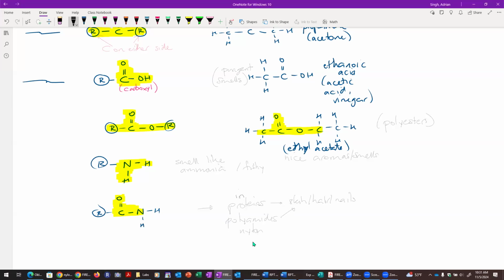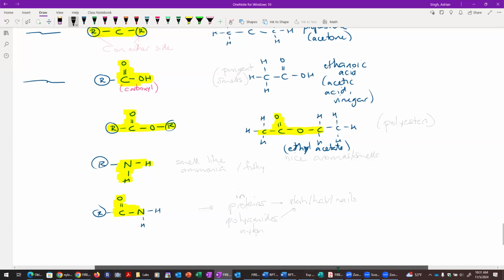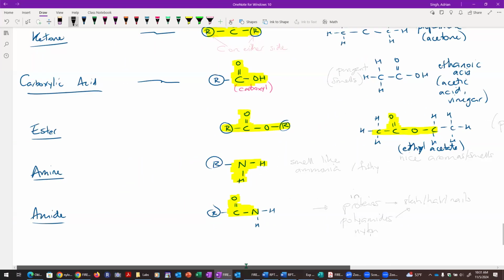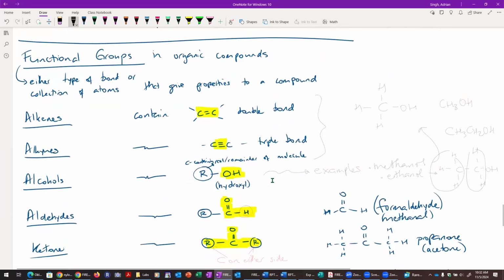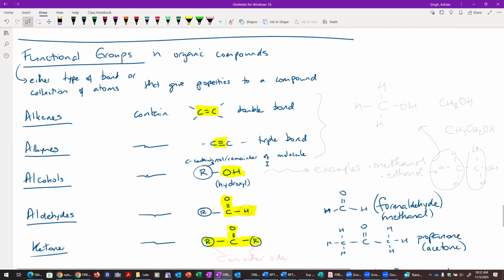It's a huge molecule made up of repeating amide links that keeps it together. So my point here is that you have organic compounds that contain these different functional groups, whether they are collections of atoms or different types of bonds, and they give different characteristics, different properties to a molecule that then kind of determines what it's used for.